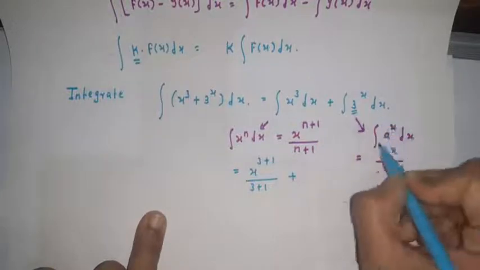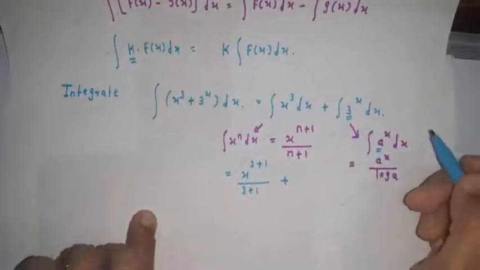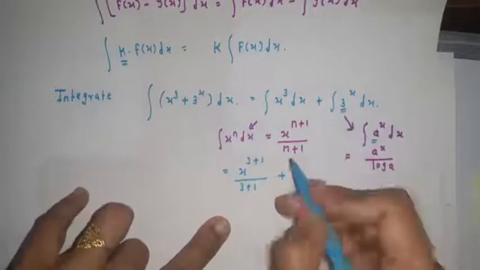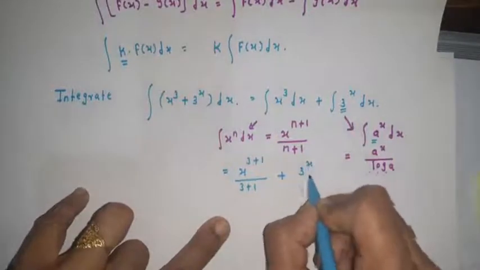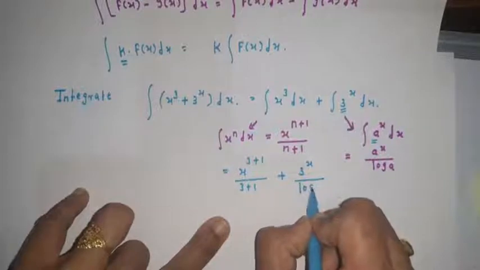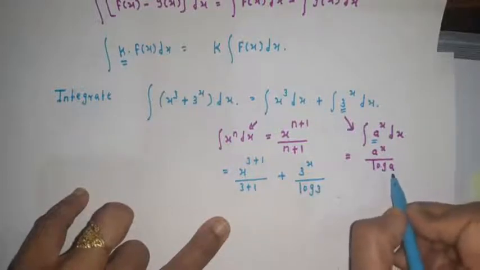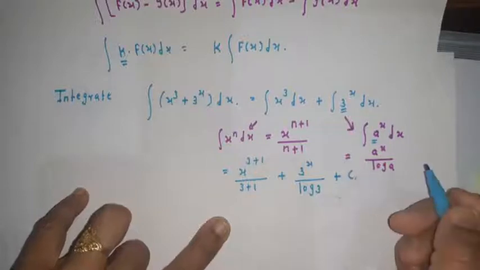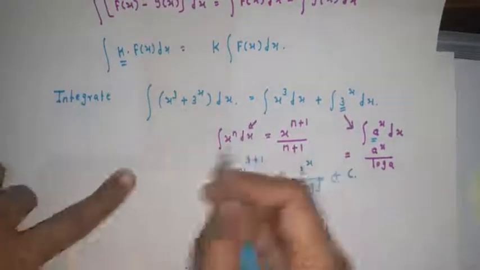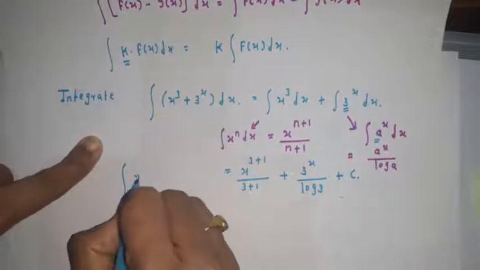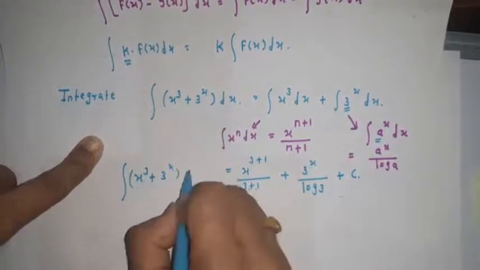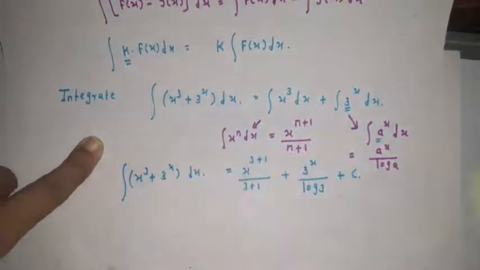Therefore the integration of the second term, that is 3 raised to x, is 3 raised to x upon log of 3. Instead of a, there is 3, and now plus the constant of integration c, and this is the integration of x raised to 3 plus 3 raised to x with respect to x. Okay students, in this way.